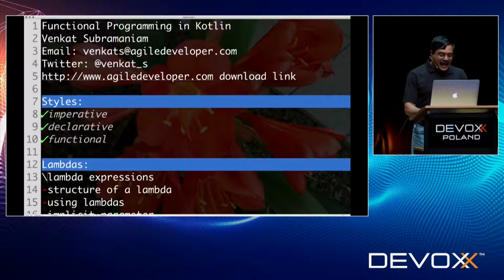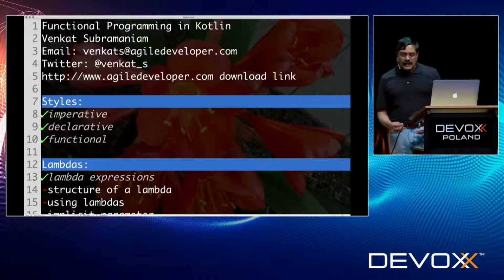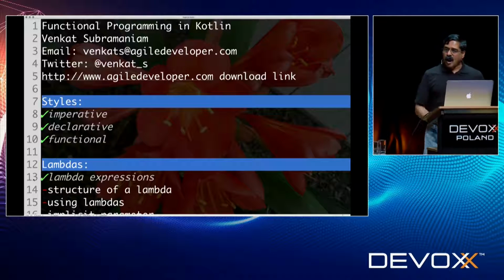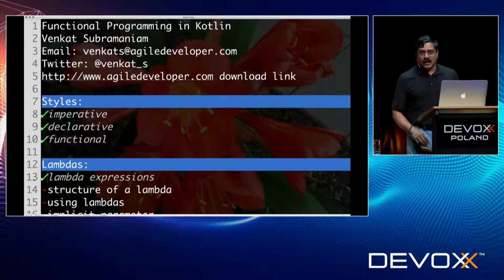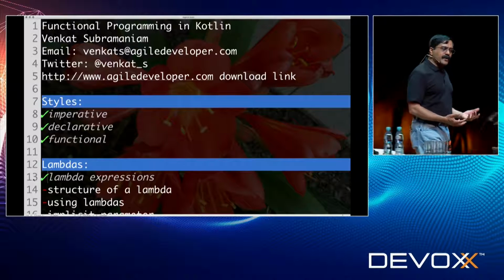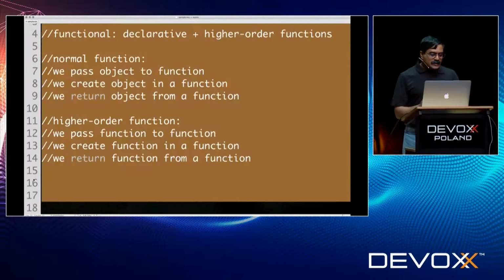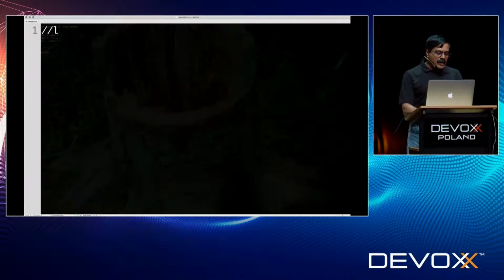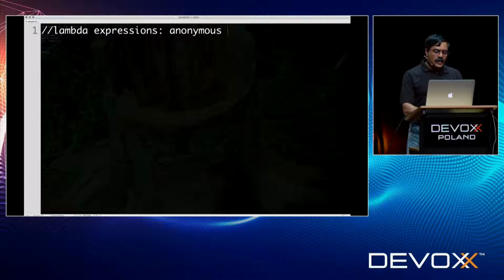So what is a lambda expression? A lambda expression is an anonymous function. That's what it really is. So what does it mean, an anonymous function? Well, typically, what do functions really have? So you can say lambda expressions are really anonymous functions.